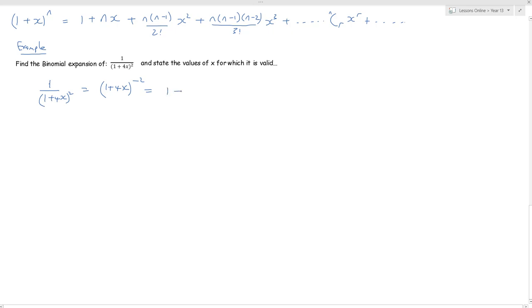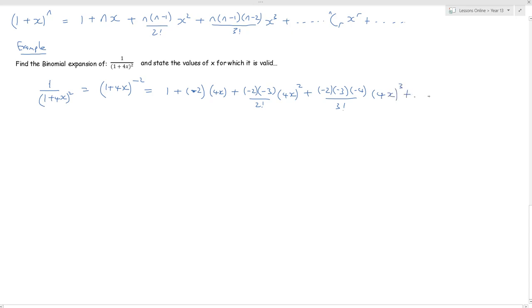So that gives us 1 plus minus 2 times 4x plus minus 2, then minus 2 minus 1, minus 3, over 2 factorial times 4x squared, plus minus 2 times minus 3 times minus 4 divided by 3 factorial times 4x to the power of 3.